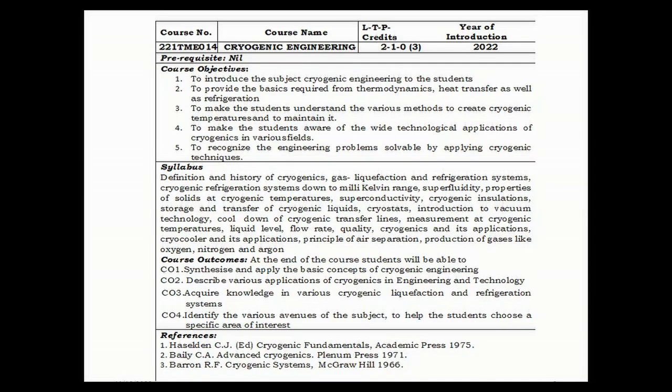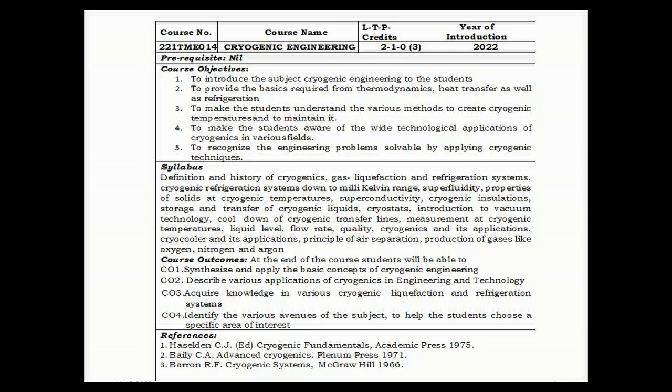And we'll also deal with the cryogenic applications, cryocooler and its application, then principle of air separation, production of various gases such as oxygen, nitrogen, argon, and so on.